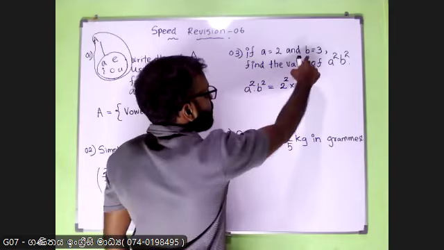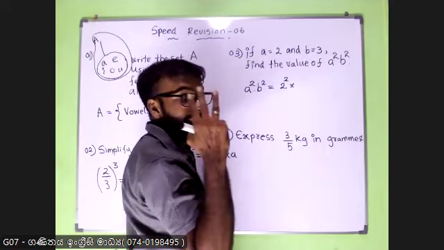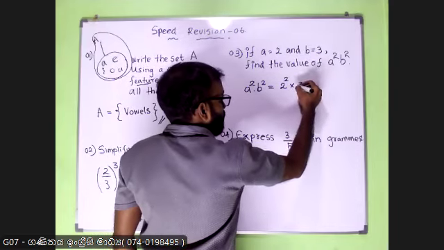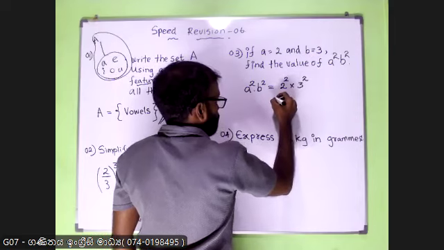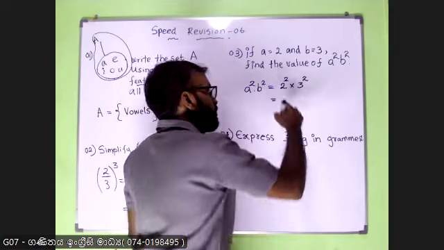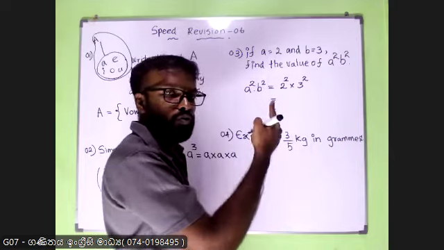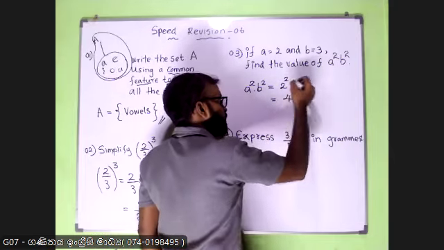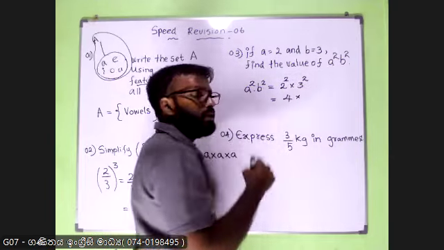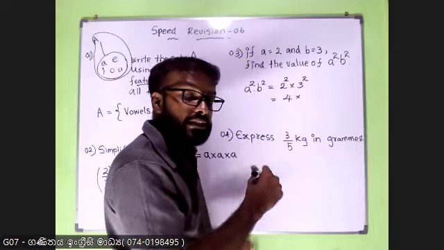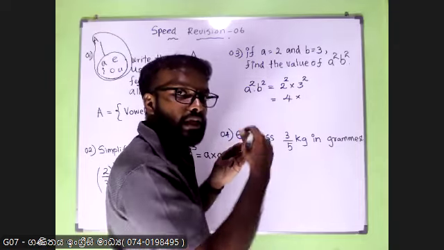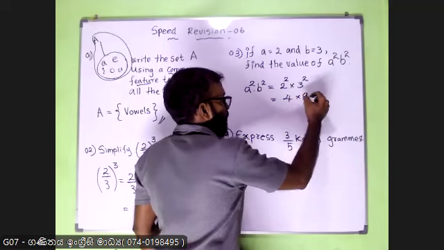B is 3, so 3 to the power 2. Then 2 to the power 2 means 2 times 2, 4. Multiply by 3 to the power 2, that means 3 times 3, 9.